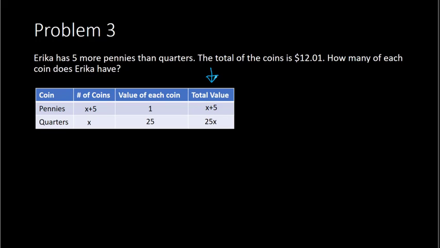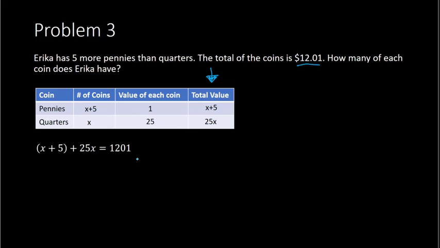This is the column that I'm concerned about, because in the problem we are told the total of the coins is $12.01. So what that means is if I add the value of the pennies with the value of the quarters, that total is going to be $12.01. So that's my equation. We have x plus 5 plus 25x equals $12.01.